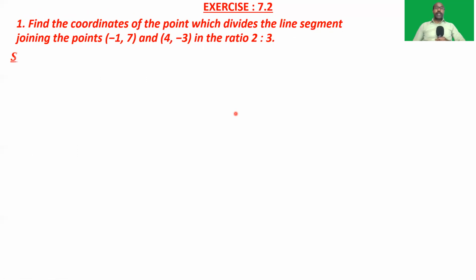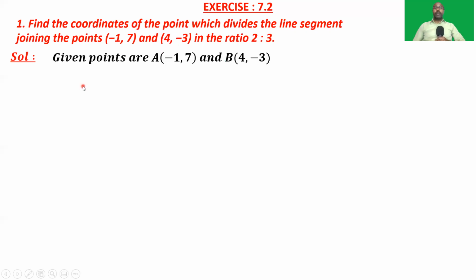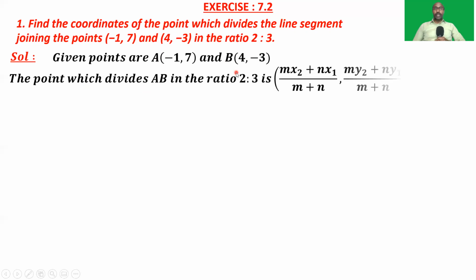So students, here the given points are A(-1, 7) and B(4, -3). Now the point which divides the line segment joining A and B in the ratio 2:3 is given by the formula mx2 plus nx1 by m plus n, my2 plus ny1 by m plus n.